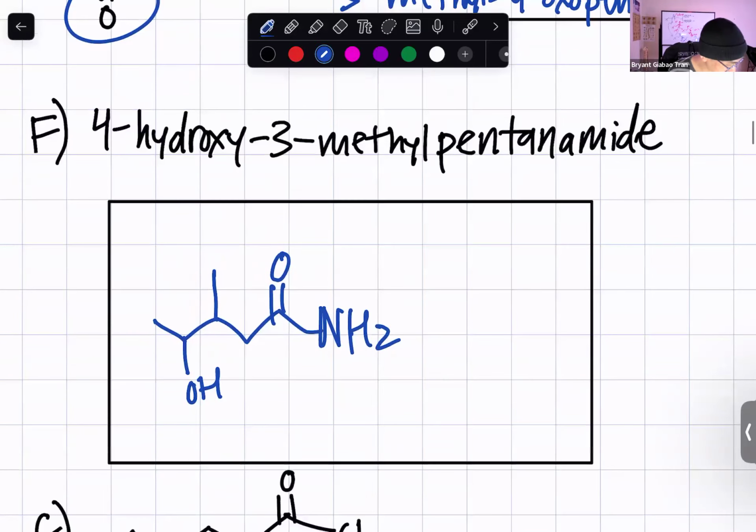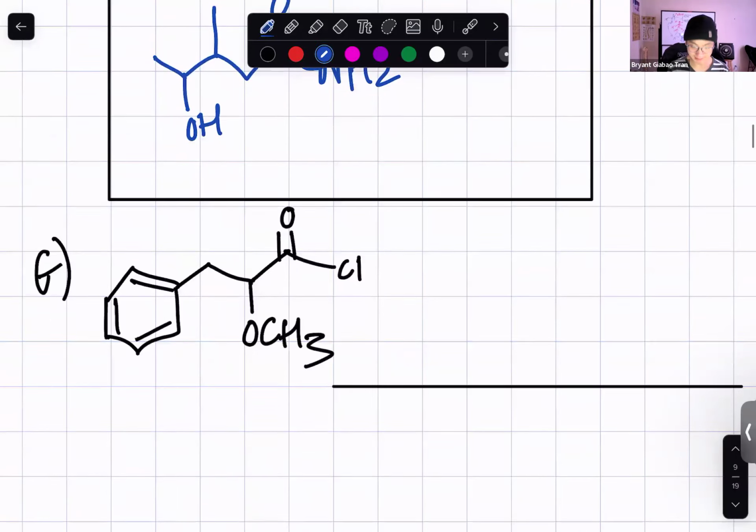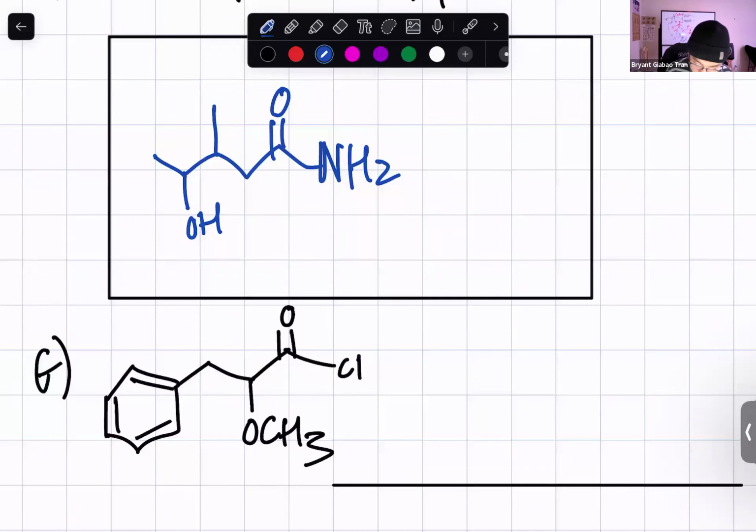Yeah, you got it. Nice. Yes. Now let's move on to this last one, where we have to provide the name. And don't forget the two H's on the nitrogen as well, for the amide.